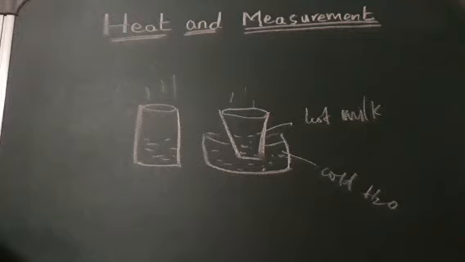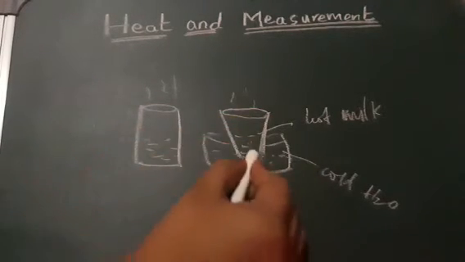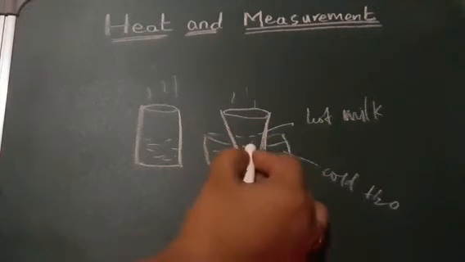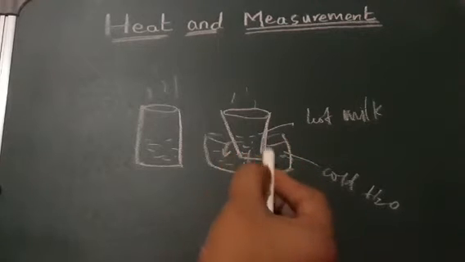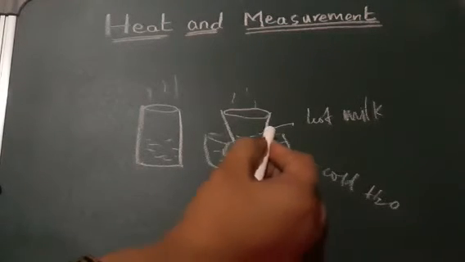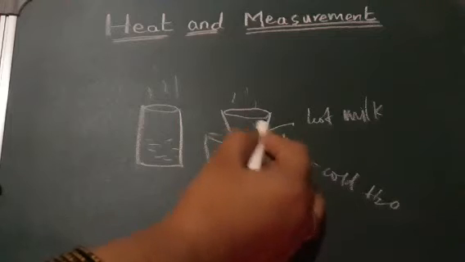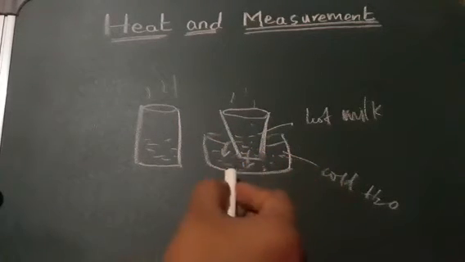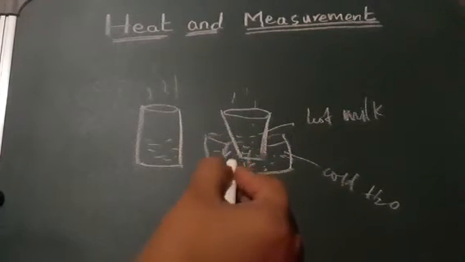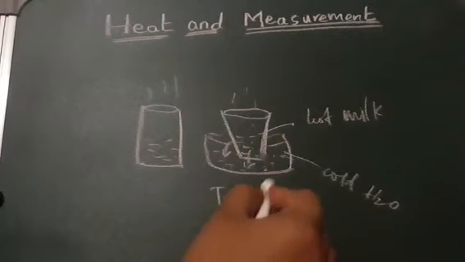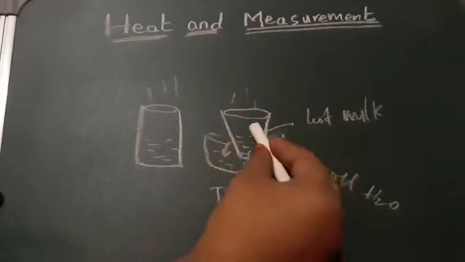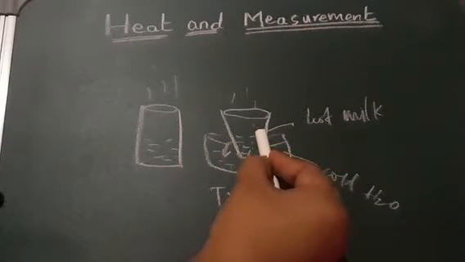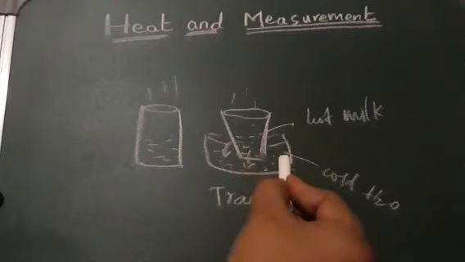So now you can see that the heat energy of the milk is entering into the cold water. That means energy is transferring from high temperature to low temperature, right? It is getting transferred from where the temperature is more, the hot milk, to the cold water.